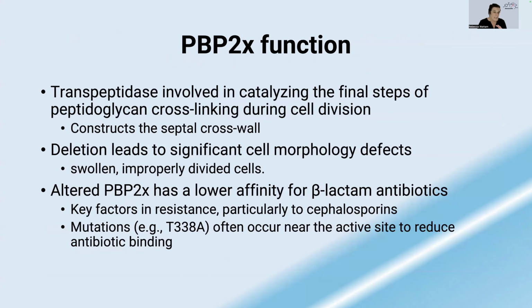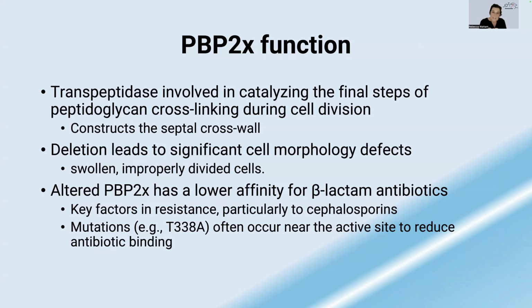So the function of PBP2X in particular is this transpeptidase catalyzes the last steps in this peptidoglycan cross-linking during cell division, specifically at the septal cross wall. Each of the 6 have a different function, although in some cases, some can fill in for the others if one of them is damaged.